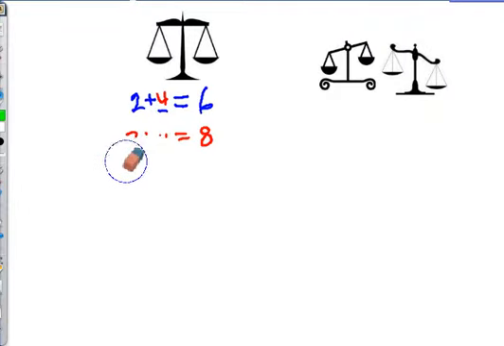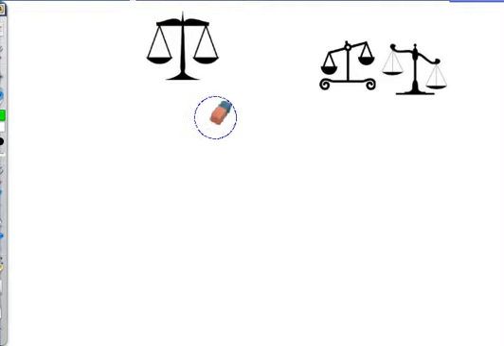Of course, when you're going through and solving equations, you normally don't solve them that way. So for an equation like this, you might have something like x plus 5 equals 11. Well, here I have 11 pounds on one side and some weight x plus 5 pounds on the left side.